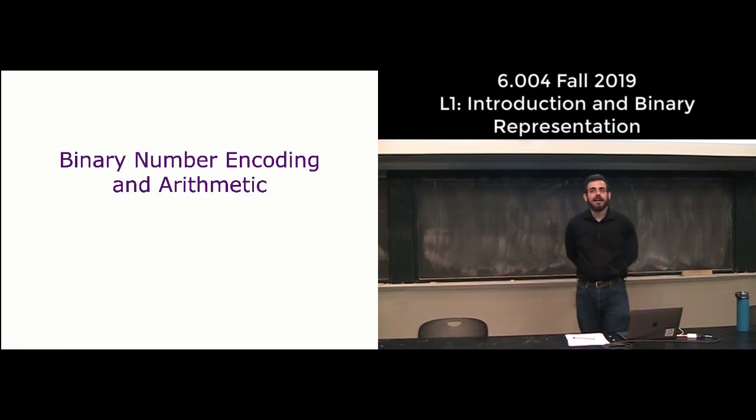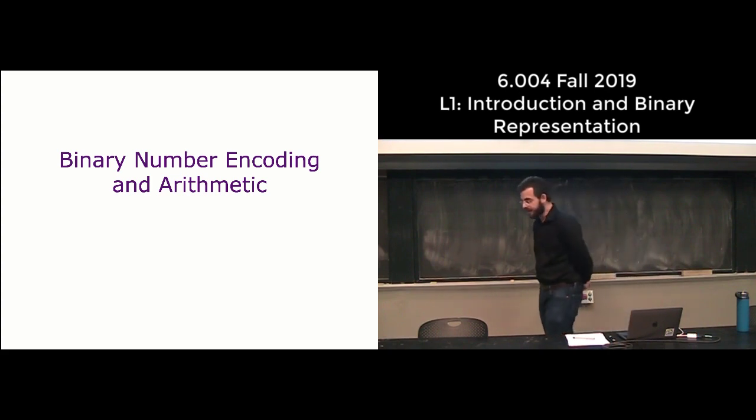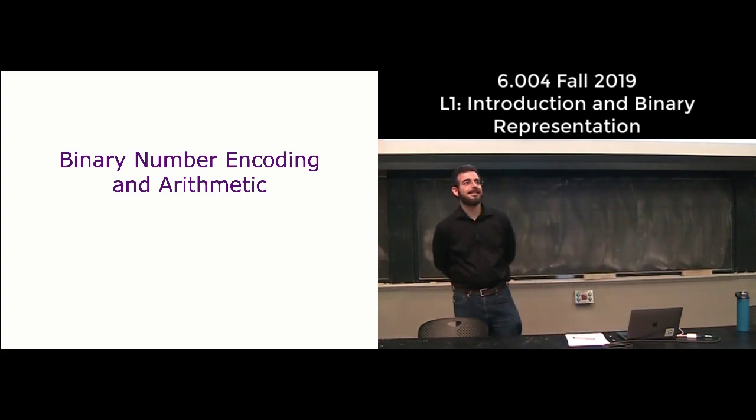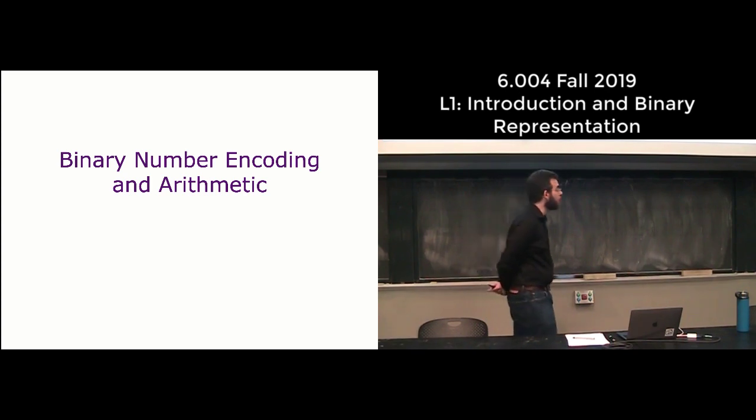Good. So in the rest of the lecture, we're going to dive into the first technical topic in 004, which is binary encoding and binary arithmetic. In digital systems, the key characteristic is how they store information.